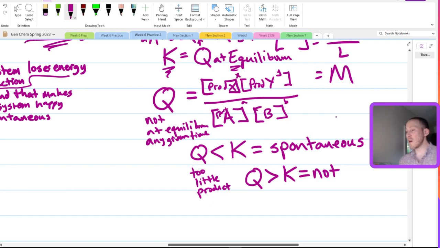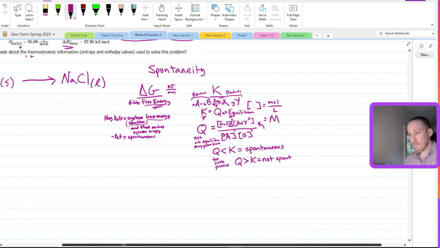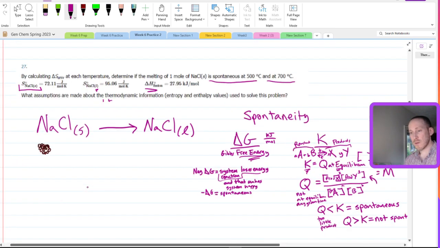It's going to be spontaneous because the products need to go up. If it's less than K, it needs more products. If the Q is greater than the K, you have too much product and it's going to go the other direction. Okay, probably an over explanation, but maybe it was just what somebody needed out there.